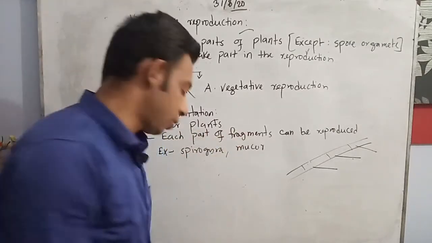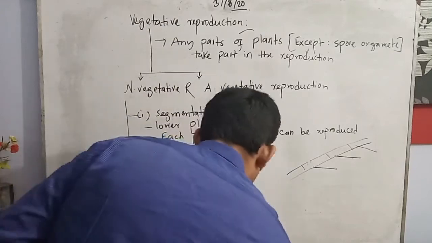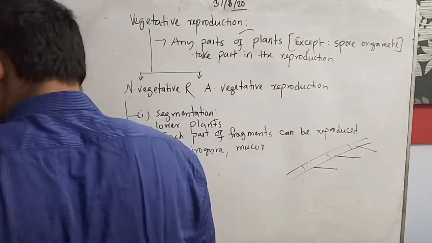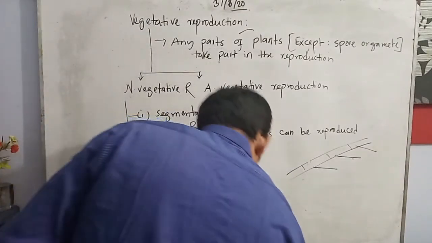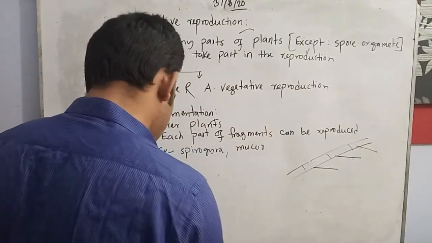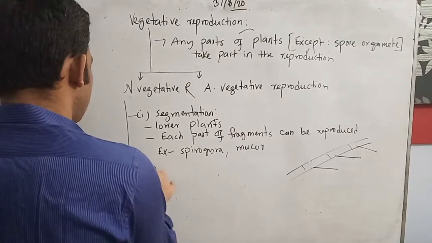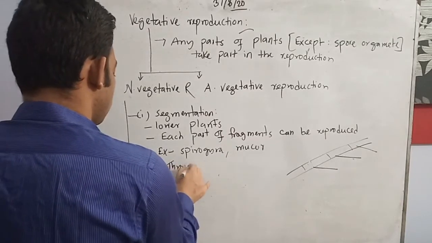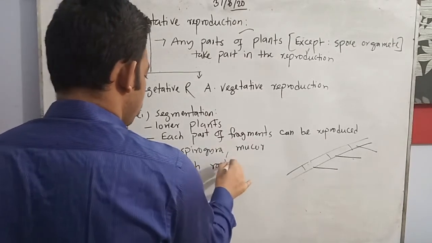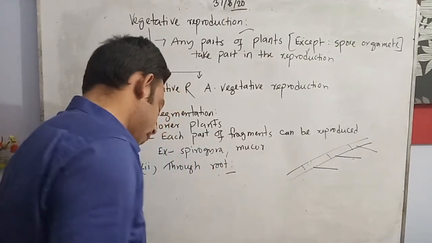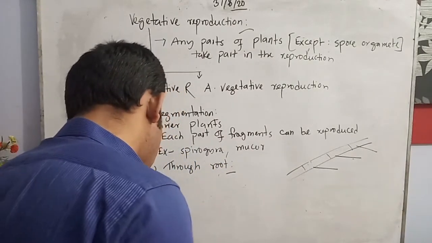First one, the segmentation process. And if we want to understand the second one, it is through root. How can we understand through root?